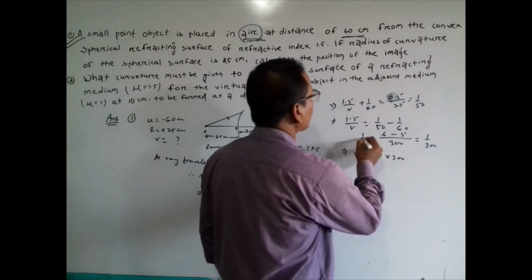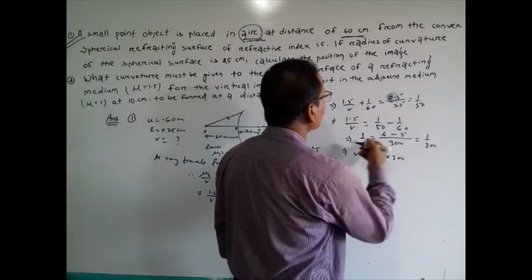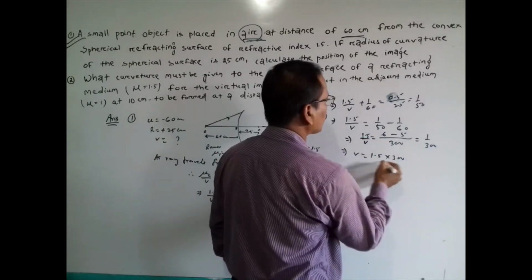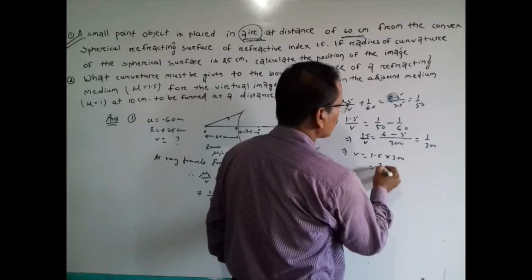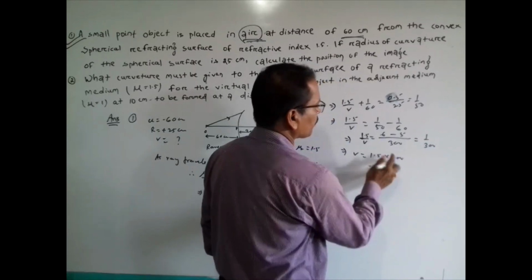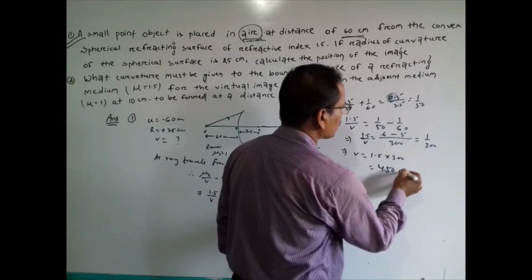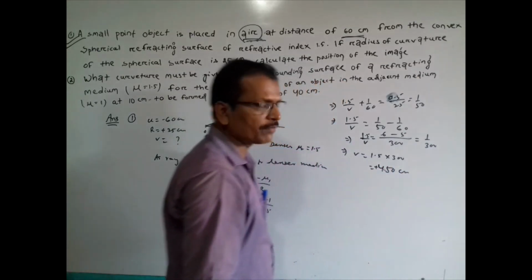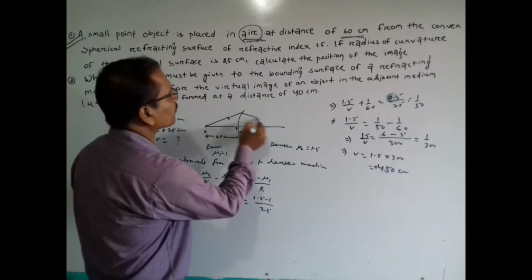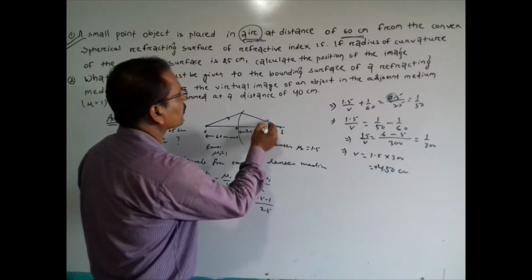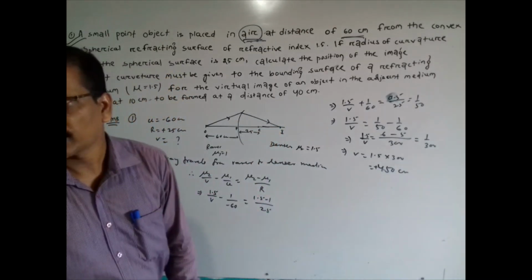So v is equal to 1.5 into 300, which is 450. As it is positive, as per the figure the image is formed at this point. Is the image real or virtual?